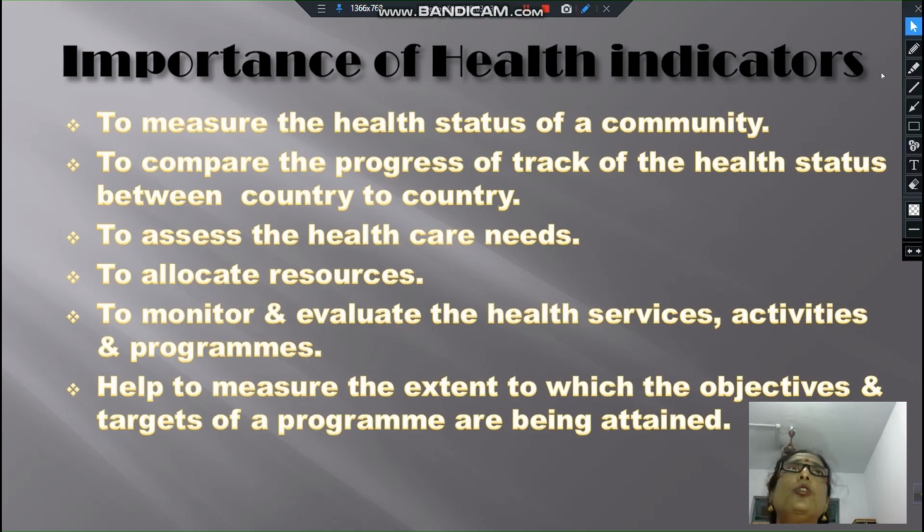And next, to compare the progress or track of the health status from country to country. At first we should know the meaning of progress.